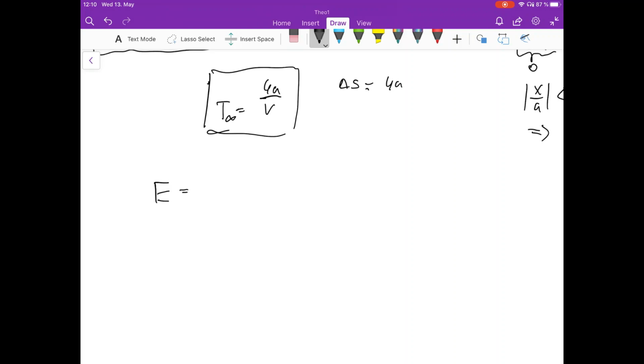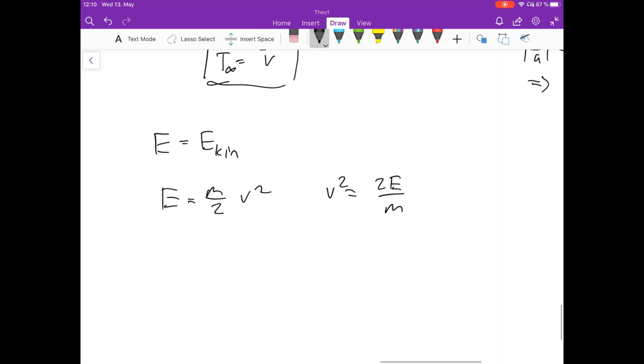So E is going to be the kinetic energy, and therefore E is going to be ½ m v squared. So we can rewrite this as v squared equals 2E divided by m, and v is then the square root of 2E divided by m.